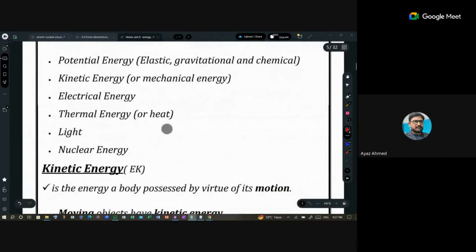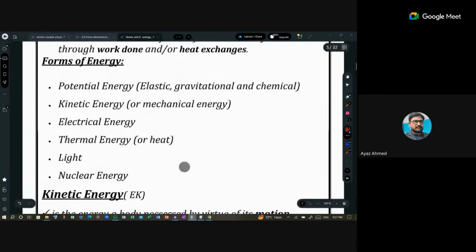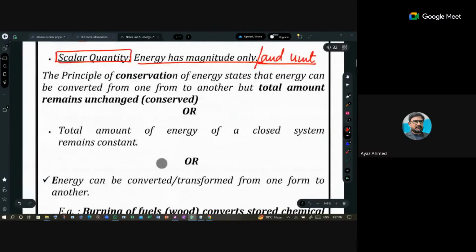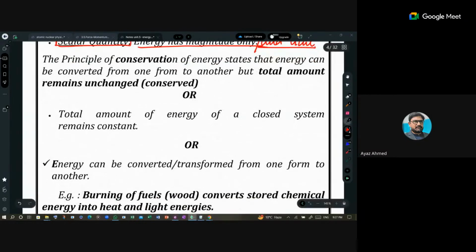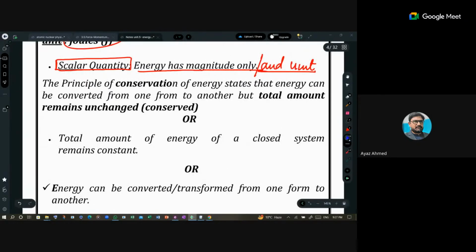I will talk about this concept, but before that, when talking about energy, there is a principle of conservation of energy, which we will apply later on. The principle of conservation of energy tells us that energy can be converted from one form to another form, but total energy remains unchanged.